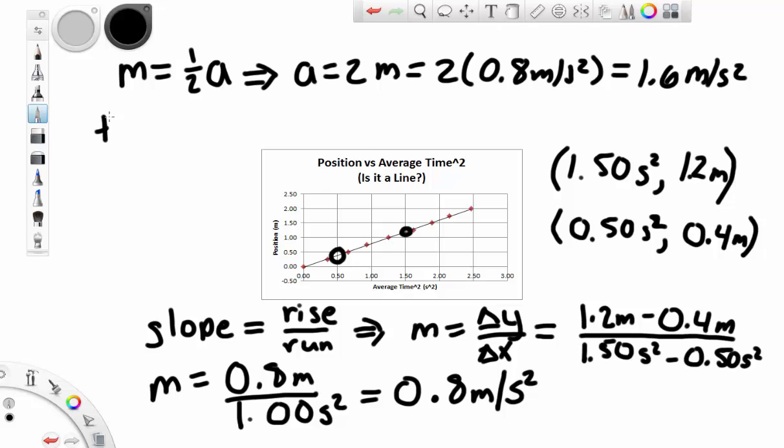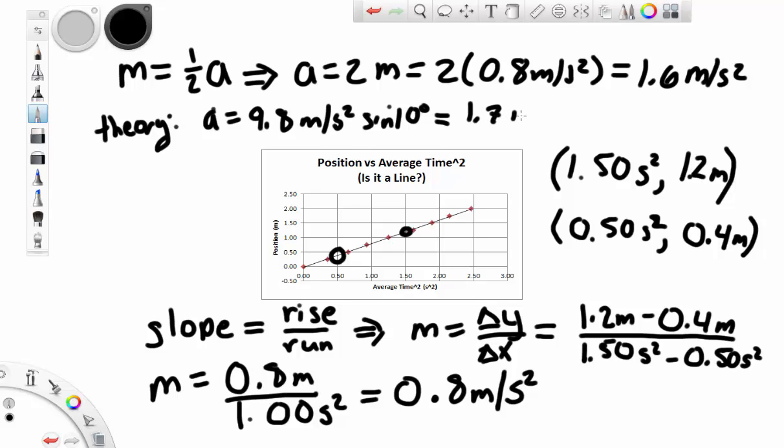So theory: my theory says that the acceleration should be 9.8 meters per second squared times sine of 10 degrees, which was approximately 1.7 meters per second squared.